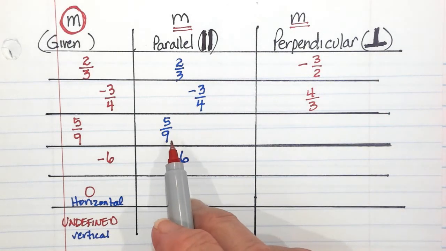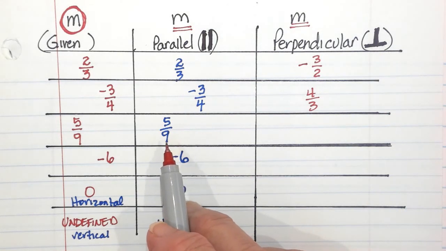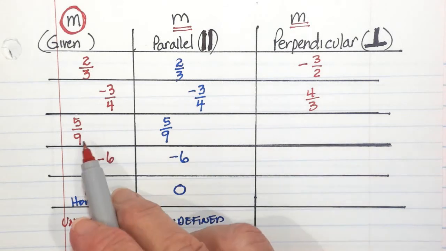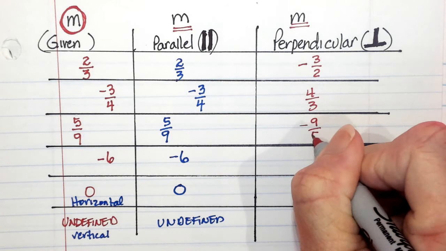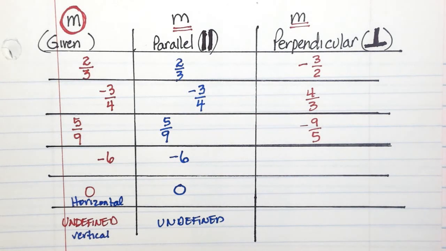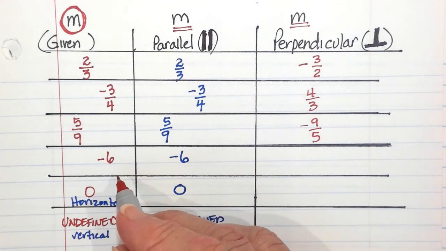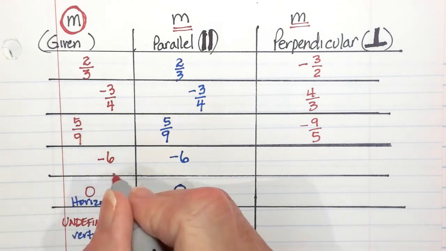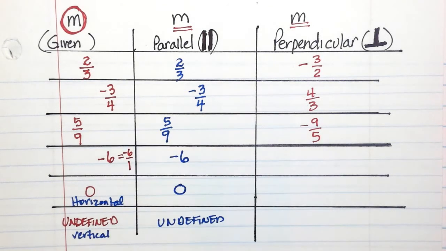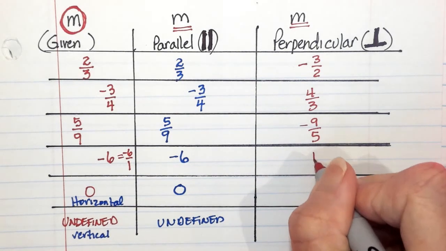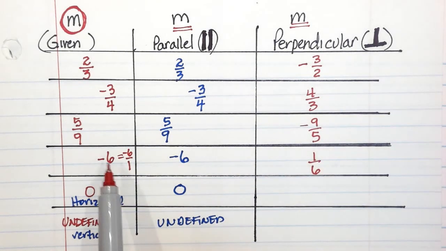You could push pause right now, write down what you think the slope of the line perpendicular to the original slope would be. When you restart, hopefully we match, and you have -9/5. -6 is the same as -6/1. So this answer, when I flip the fraction, is 1/6, and when I change the sign from negative, it becomes positive.